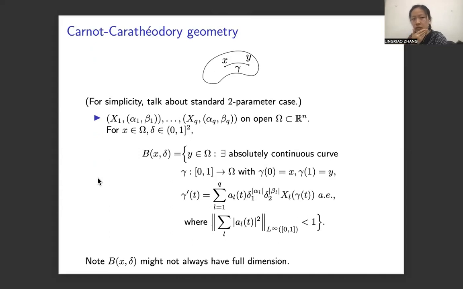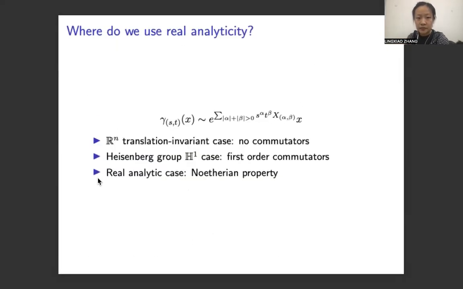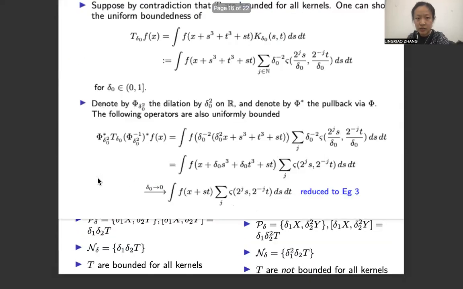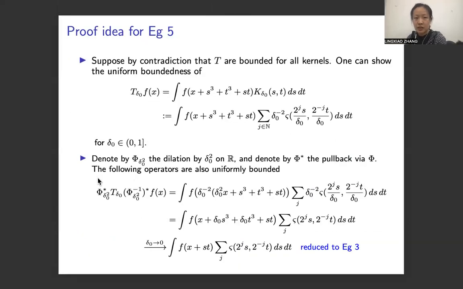Okay, next I'm going to talk about Carnot-Carathéodory geometry, which I have mentioned in the beginning. So let's recall how we prove example 5. We reduce example 5 to example 3 by constructing the dilation phi sub delta, naught squared.